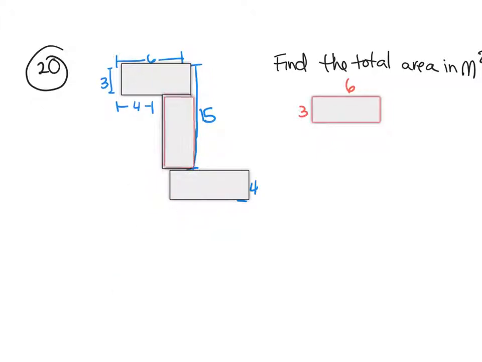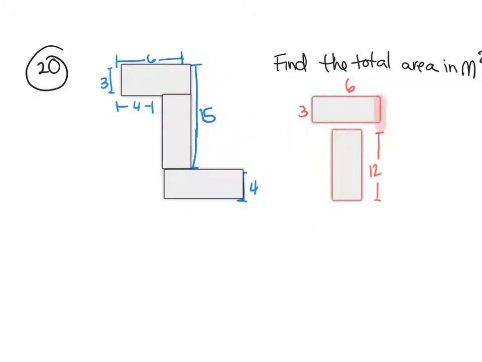So, looking at this rectangle, if I know that the distance from here all the way down here is 15, and I also know that this part is 3, what does that mean this part here is? 12. So that rectangle here is really 12 high.